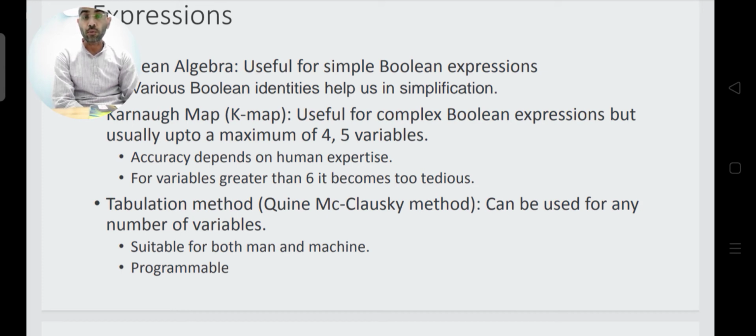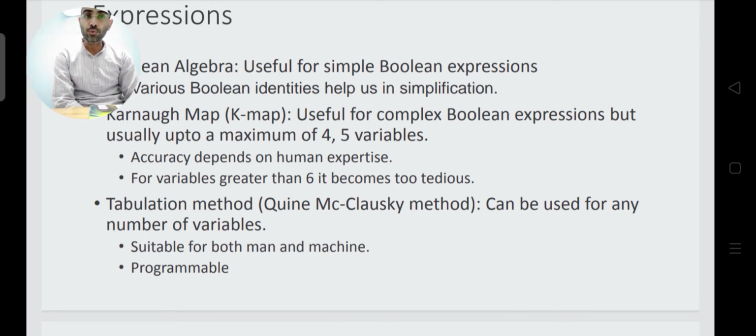We are talking about 4 and 5 variables, which stand nowhere; a function with 4 or 5 variables is what K-map can handle at most. But in a 64-bit processor you can have 64 variables. So it is very difficult to simplify the functions for such a complex system.